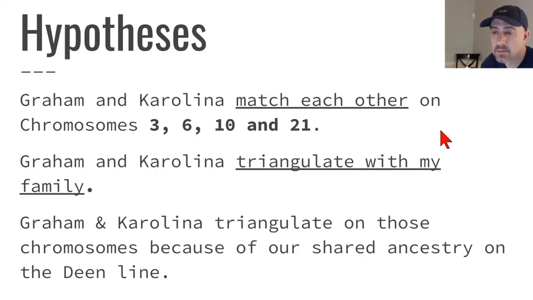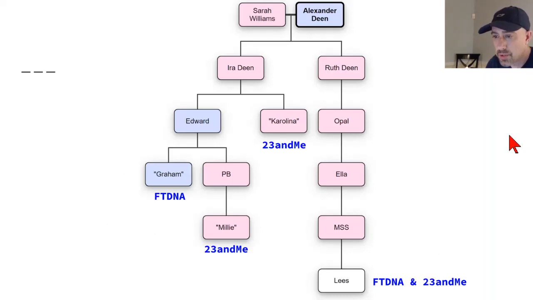We can hypothesize that Graham and Karolina triangulate with my family on those segments, and we can hypothesize that Graham and Karolina triangulate with my family on those chromosomes because of the shared gene ancestry. So those are our hypotheses, and this brings it all together.